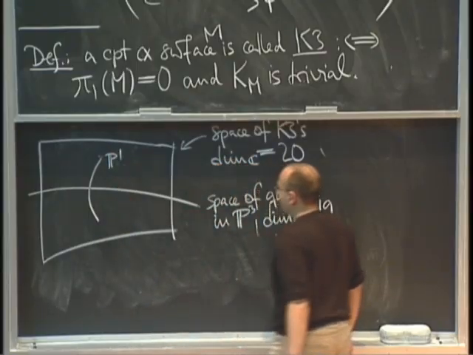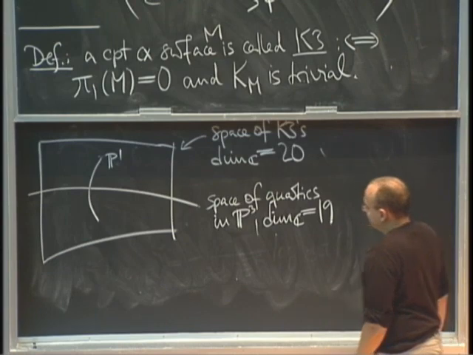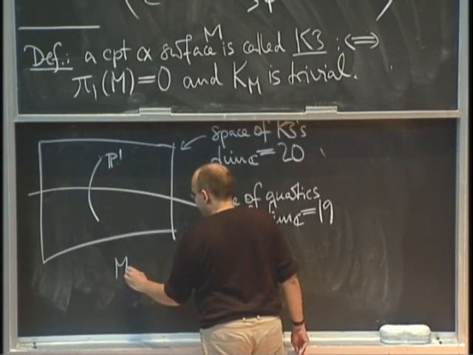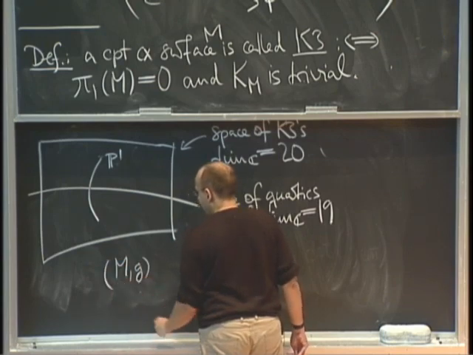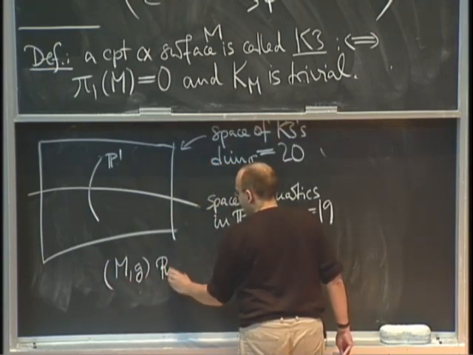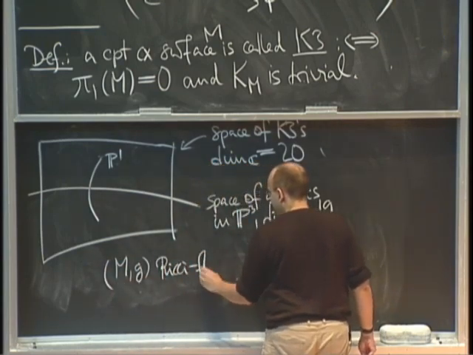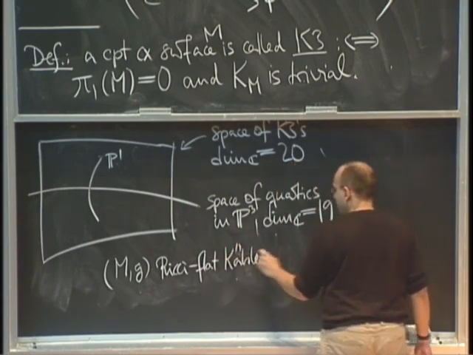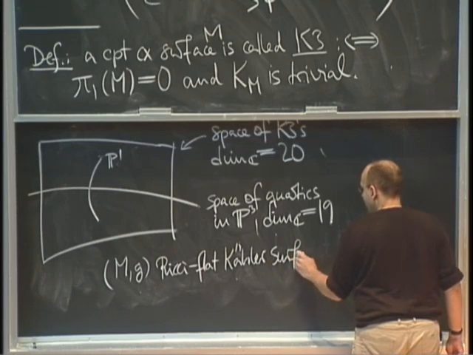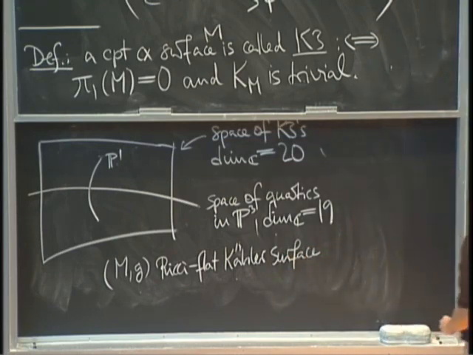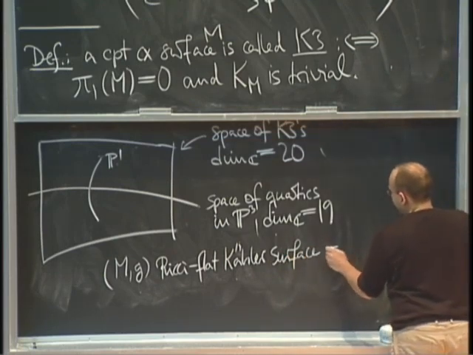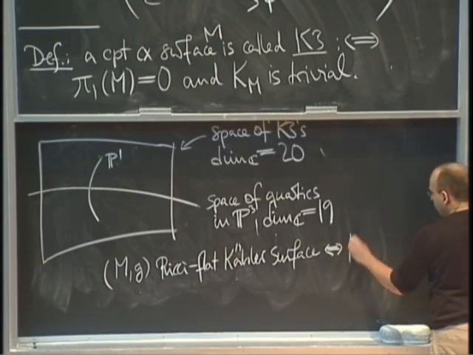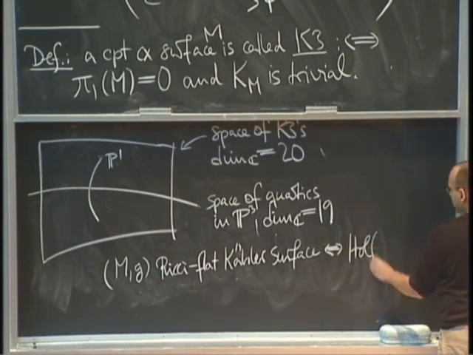These P1s there. The reason is that if M with metric g is a Ricci-flat Kähler surface, then just in terms of the Riemannian metric, this means that the holonomy of the metric is contained in SU2.